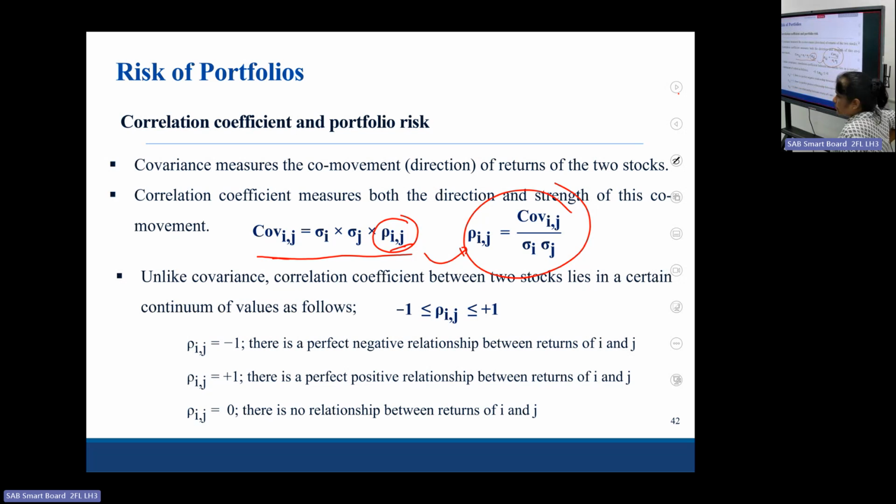Covariance, minus 10.72, divided by standard deviation x times standard deviation y.